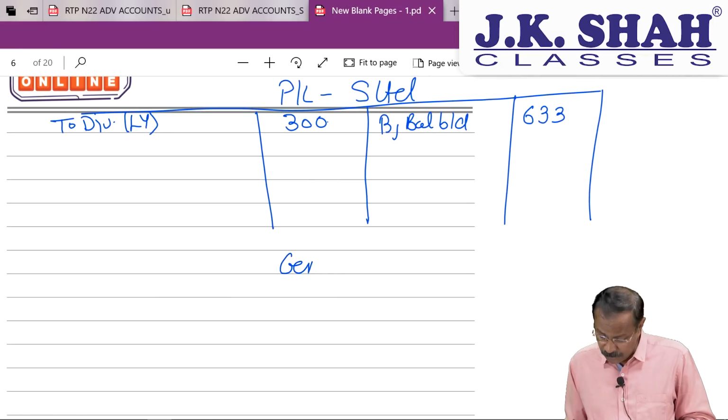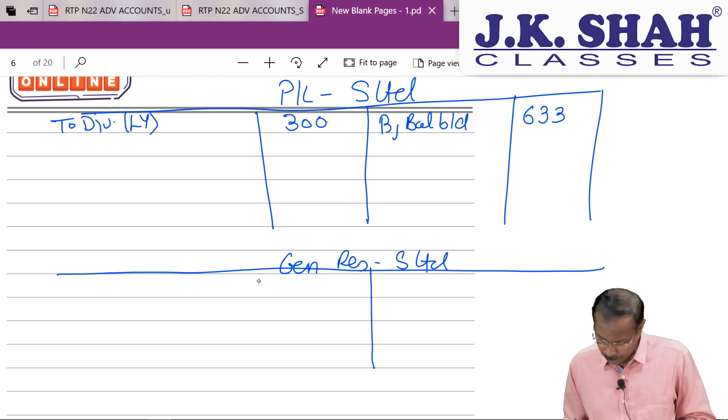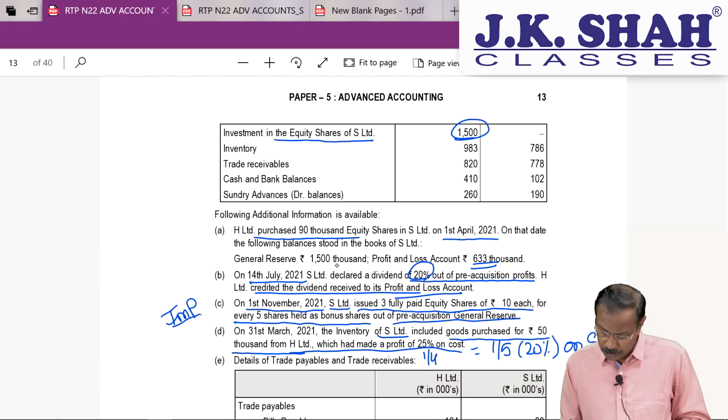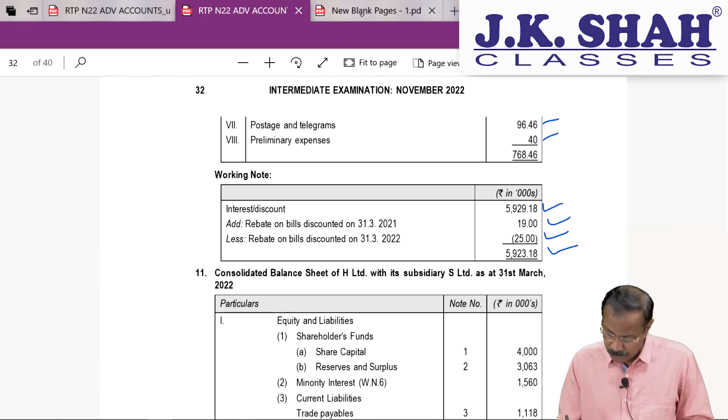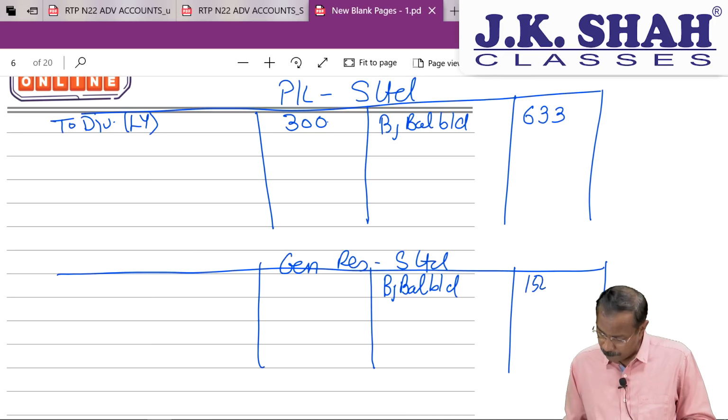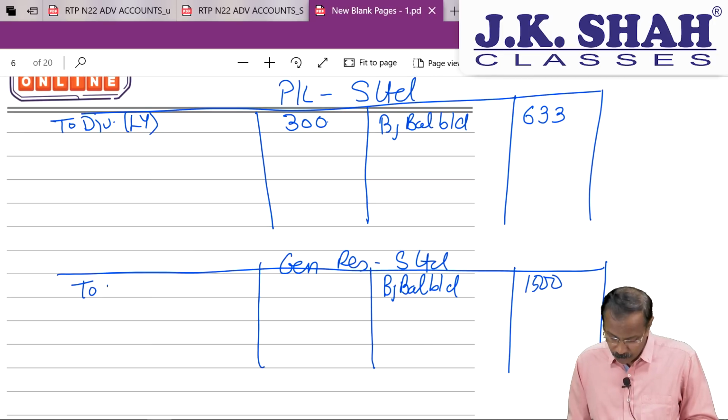If I prepare a general reserve of S Limited, by balance brought down, see the first point, 1500, to bonus.